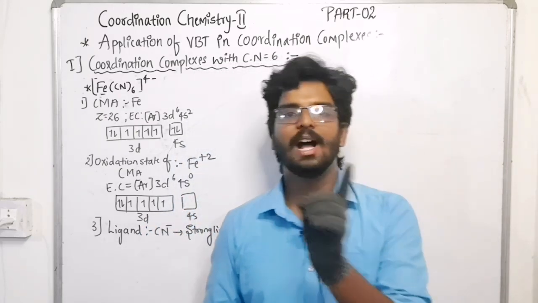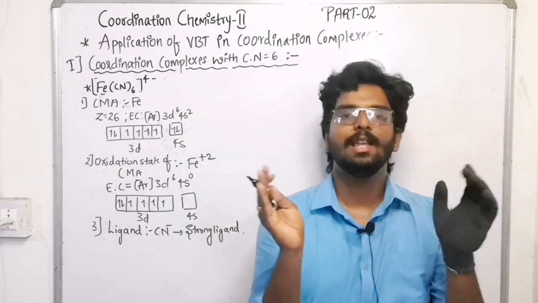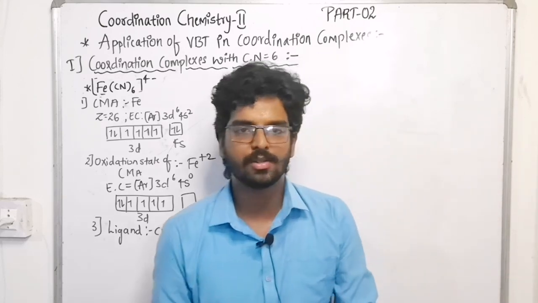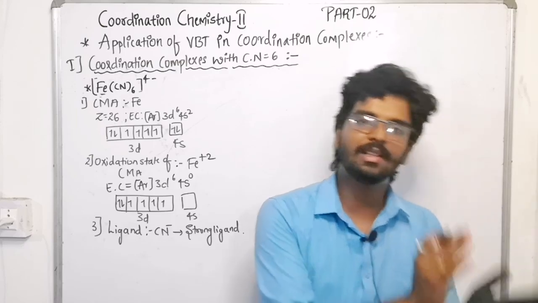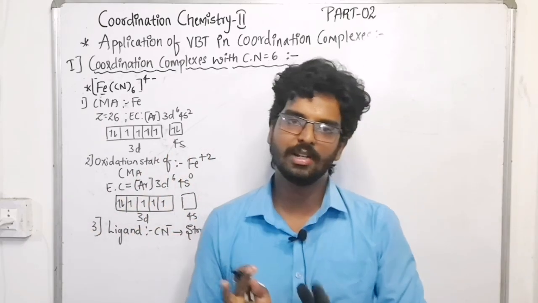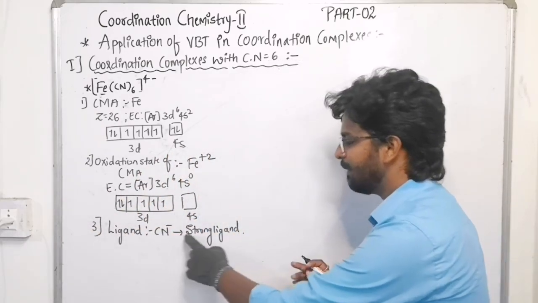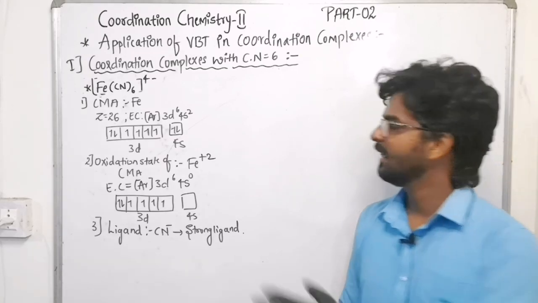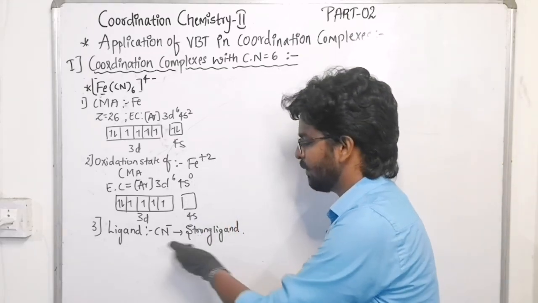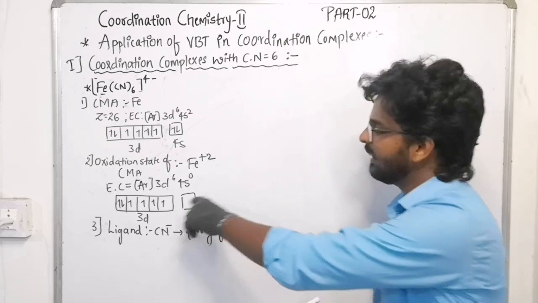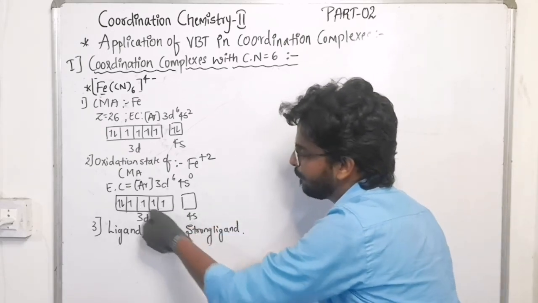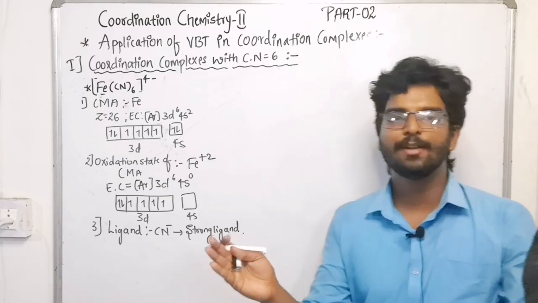So before the hybridization itself, if there are any unpaired electrons, they must be paired up, and after pairing up you go for hybridization. Since here CN minus is a strong ligand, with Fe plus 2, if there are unpaired electrons present in the metal orbitals, they get paired up.